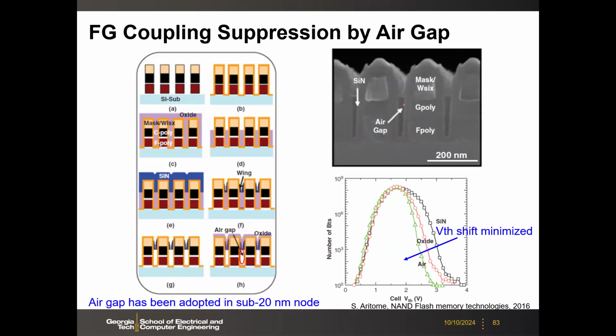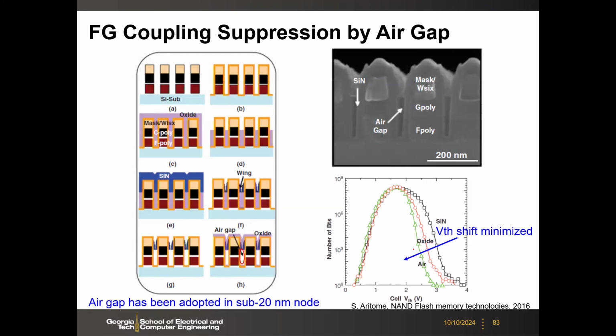So here are some images showing the air gap. And if you do that, you see that the distribution will be suppressed. I mean, on the right tail, the air gap distribution will be more tightened because you have less shift towards the right compared to the silicon nitride, which has a higher dielectric constant than silicon dioxide, and air is the lowest K value dielectric.